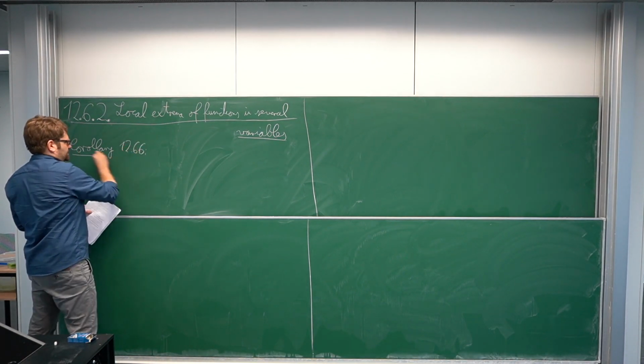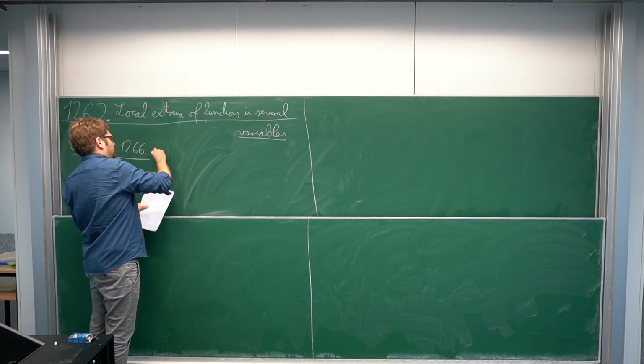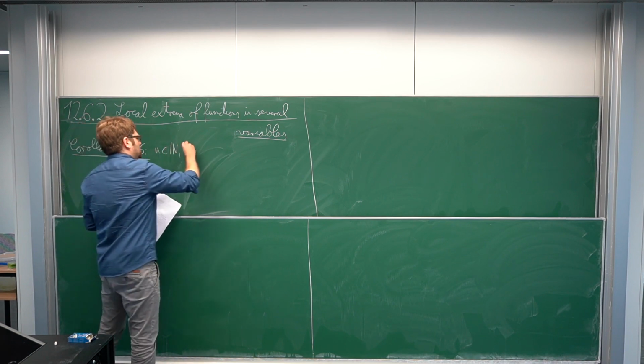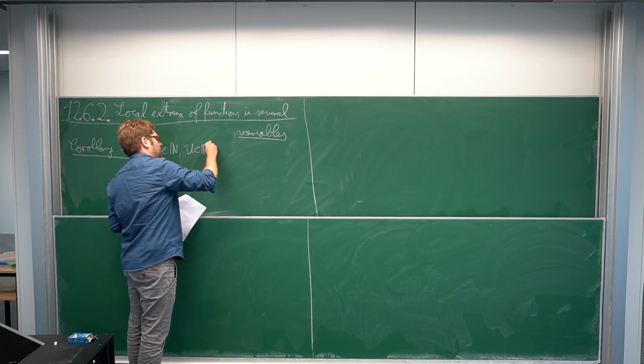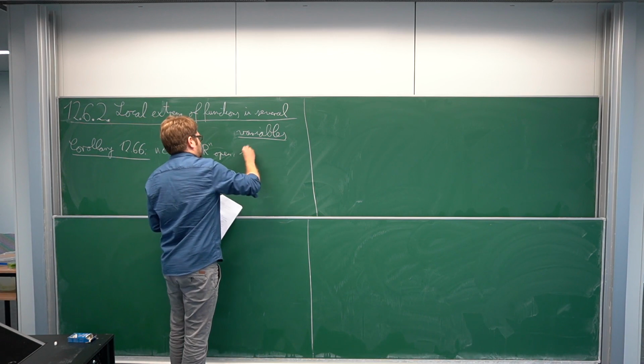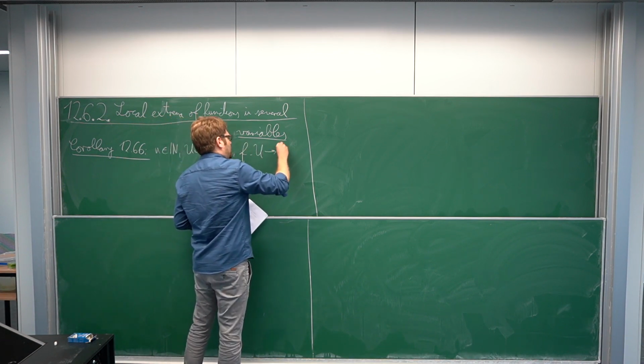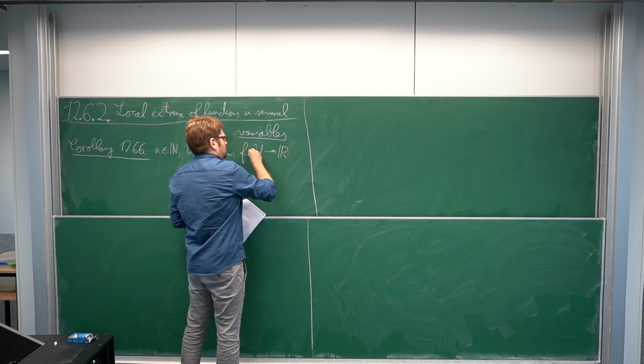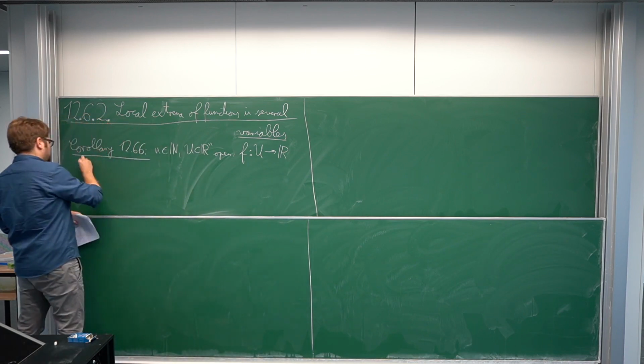Corollary 1266. So if n is in N, U is an open subset of R^n, f from U to R is twice continuously differentiable.